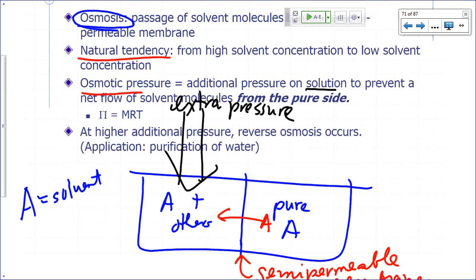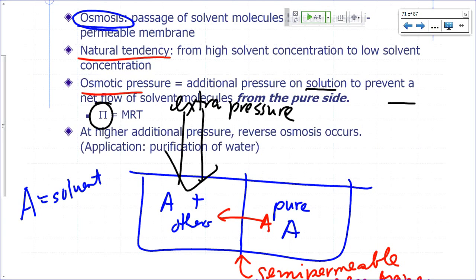Okay? Now, that's just the minimum pressure you need, because once you've exceeded that pressure, osmosis will actually reverse. It will flow the other way. You have what's called reverse osmosis. So there's a minimum pressure you need to exert just to prevent the flow from either side. Okay? So that's called your osmotic pressure.